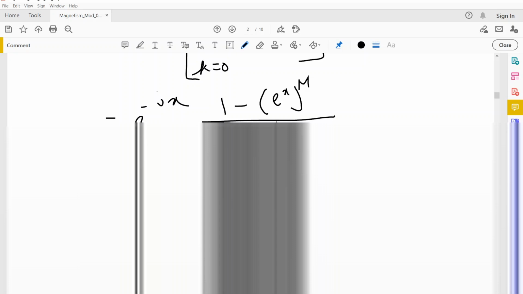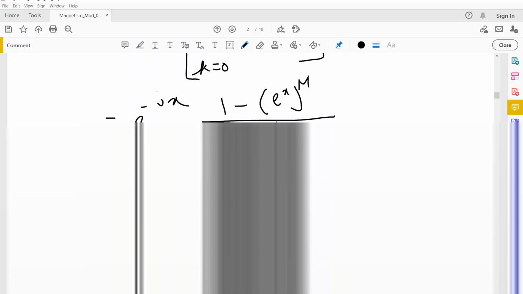So let's try to calculate the value of this quantity. We know the expression for ln z; we have derived it, right? z is sinh of (J plus half) x divided by sinh of x by 2.